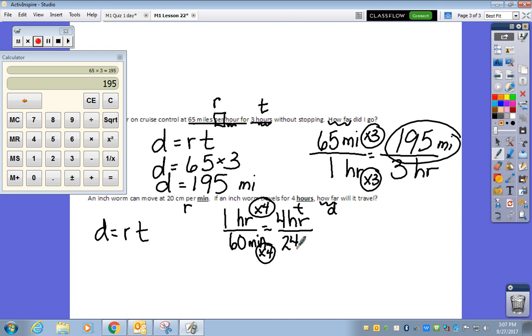So that's 240 minutes. Okay, so 4 hours is the same thing as 240 minutes. So when I go to do my formula, I can use the 20 for my R, or my rate of speed, but I can't use the 4 hours. I have to use the 240 minutes so that it matches with my rate of speed. So I would be doing 240.